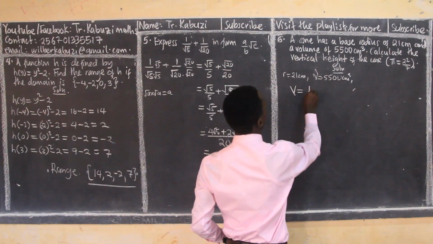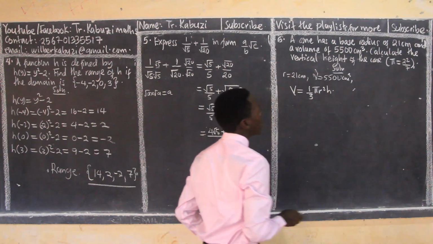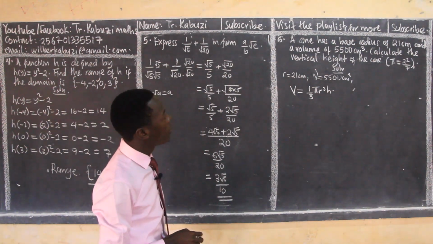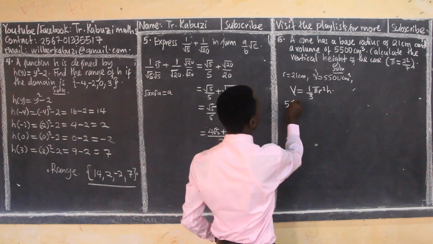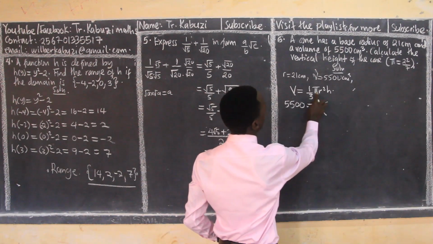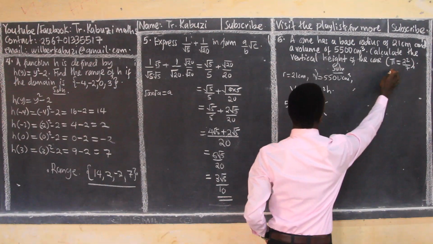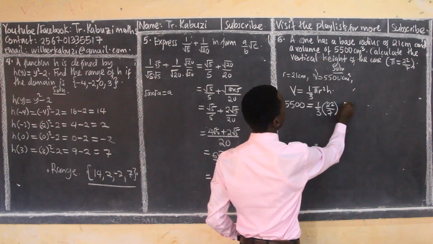Volume is given by a third pi r squared h. That's how we get the volume of a cone. Now they are giving us this volume as 5,500, a third. Now they are giving us this pi as 22/7.